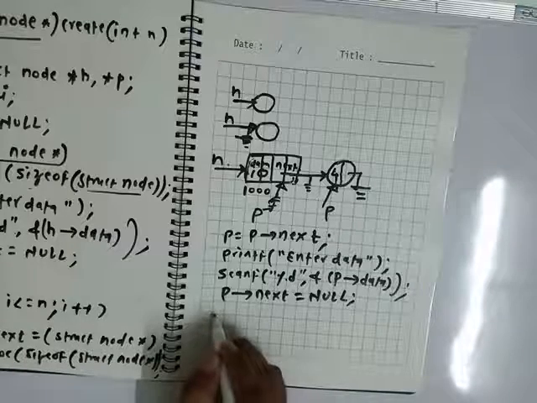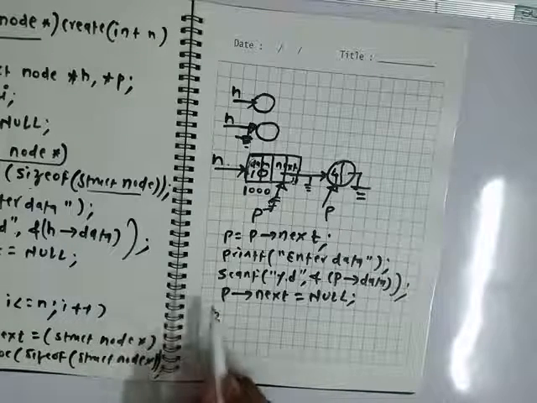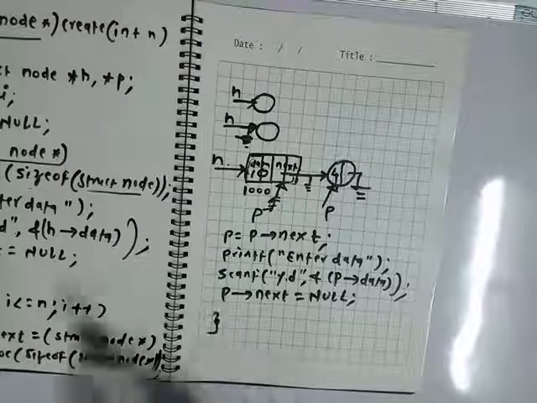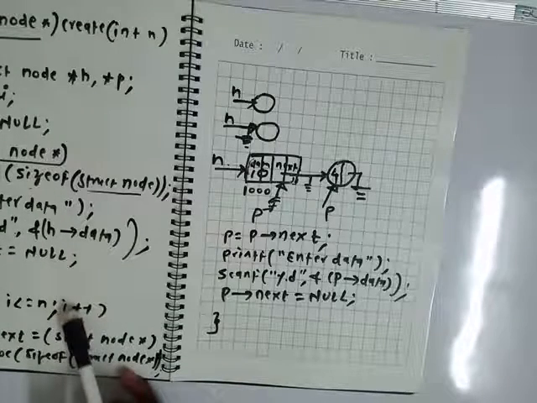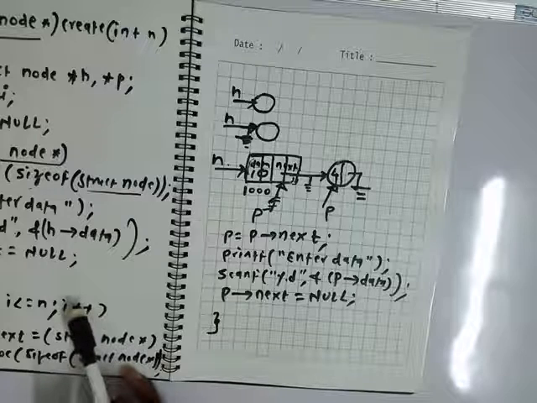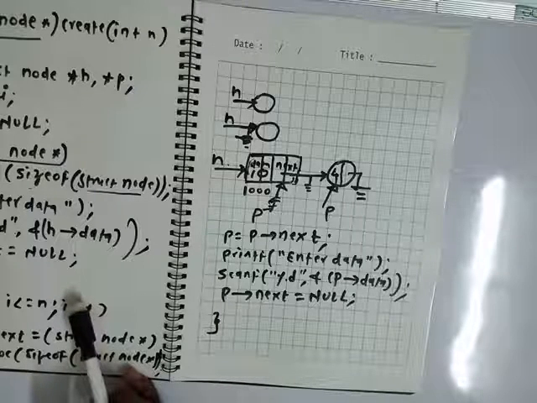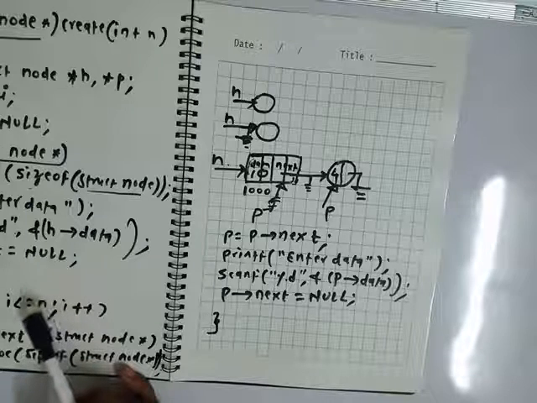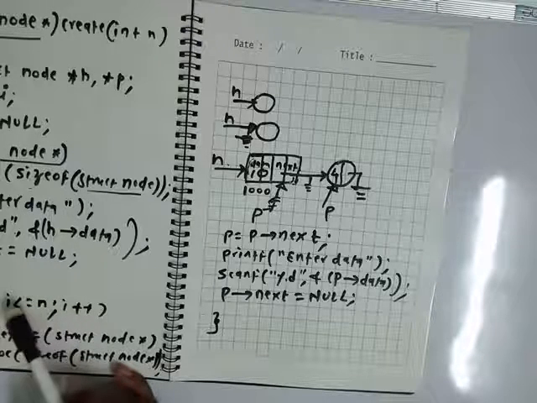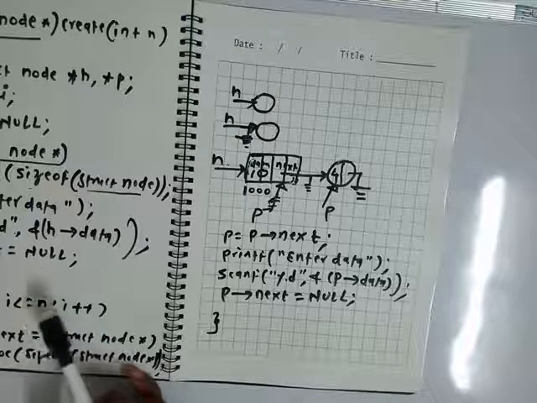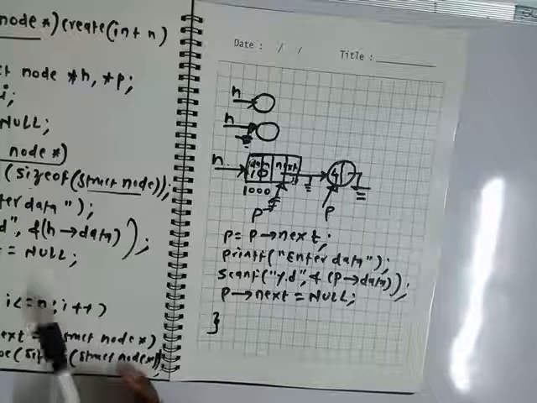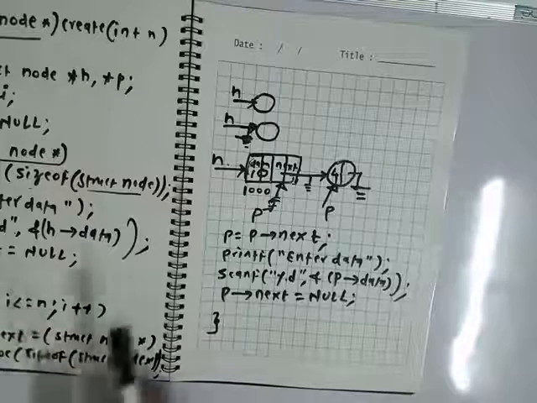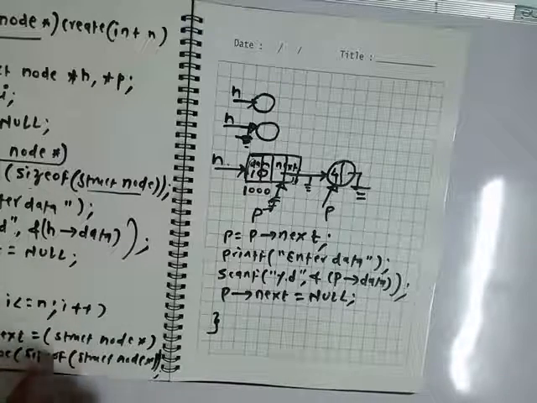Now I think we are done. So now I'll go up, from here I'll go here, and I'll increment i. So i will become 3 now. I'll check whether I'm done with the creation of the linked list or not, that means whether I have reached n or not. If I have not reached n, if n is a greater number, for example 5 or 6, I'll continue inside this loop by creating a new node using this statement.